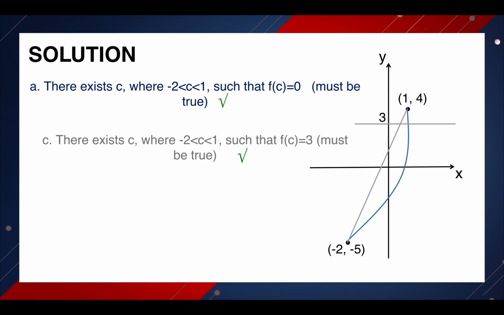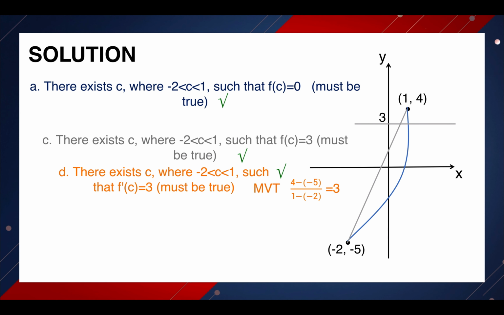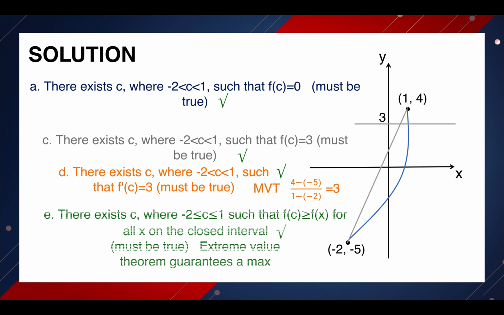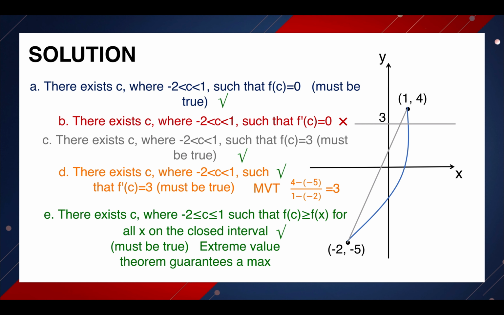And the same is true for choice C, which states that there should be a value where f(c) is equal to 3. 3 is also a value between negative 5 and 4, so this statement is also true. And for choice B, there exists c where c is greater than negative 2 and smaller than 1, such that the derivative f'(c) is 0.